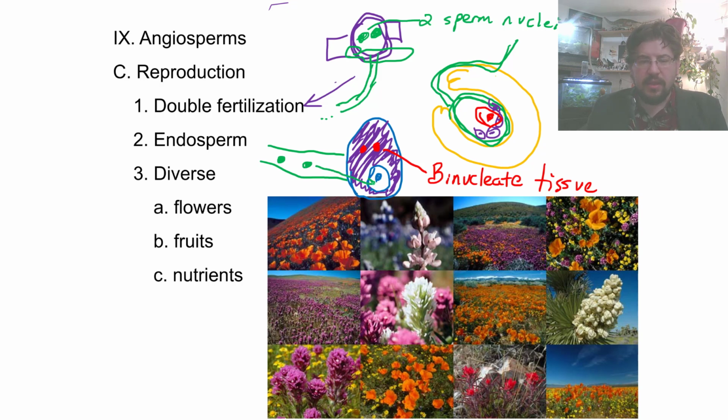One sperm nucleus fertilizes the egg to get a zygote. The other sperm nucleus fertilizes the binucleate tissue. Those are the 2 fertilization events, resulting in this tissue being effectively triploid. So here's our zygote.